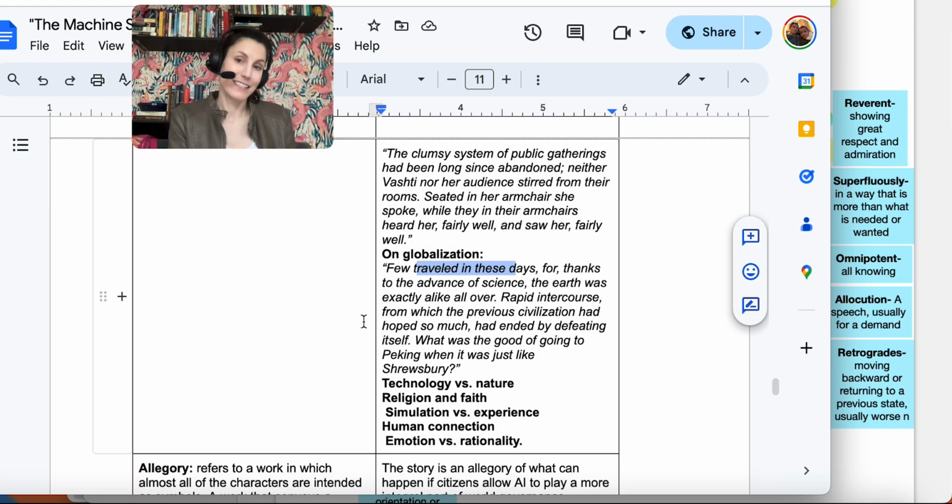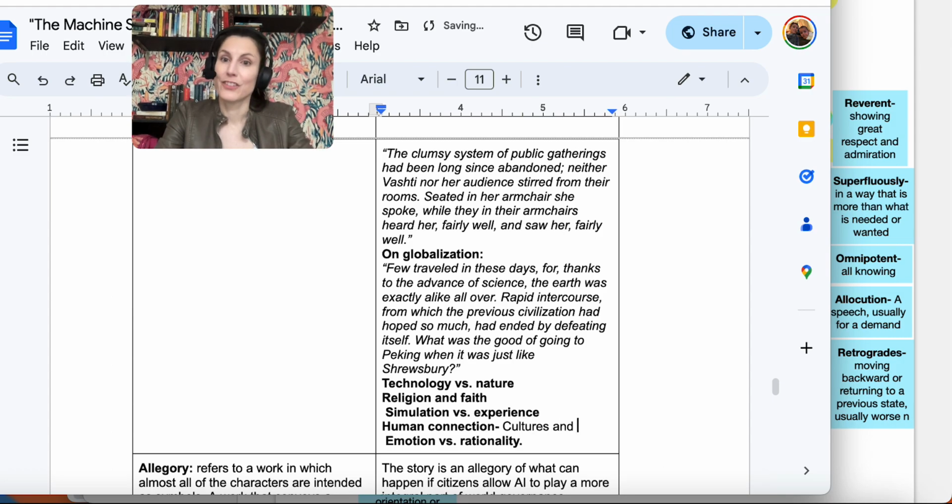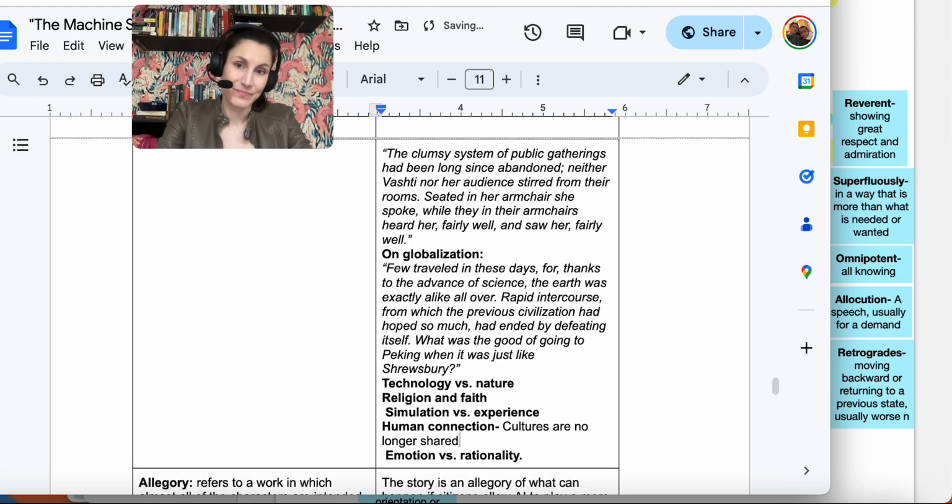One of the reasons people travel is to visit and experience other cultures. So in this society where everywhere is exactly the same, it's going to encourage people to stay exactly where they are. And this loss of individuality, you could say, with this human connection, cultures and regions are no longer shared.